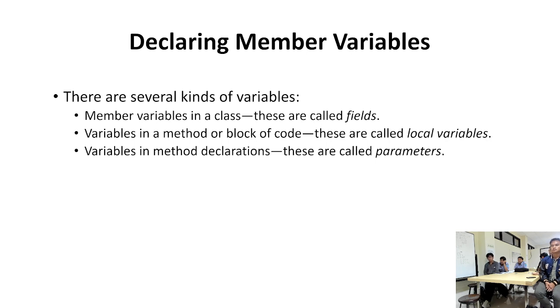Member variables in a class are called fields. You can define the variable at the top of the class. Then the local variable is inside of some methods. Okay.